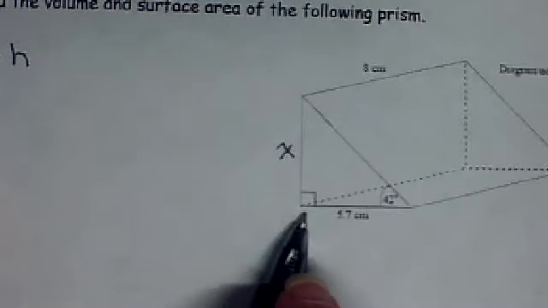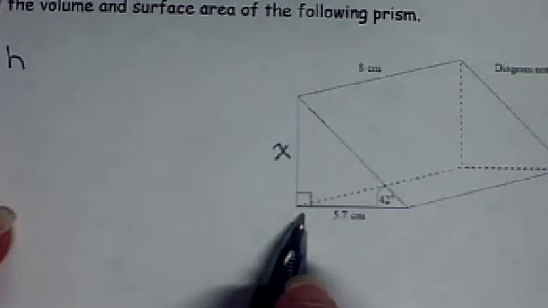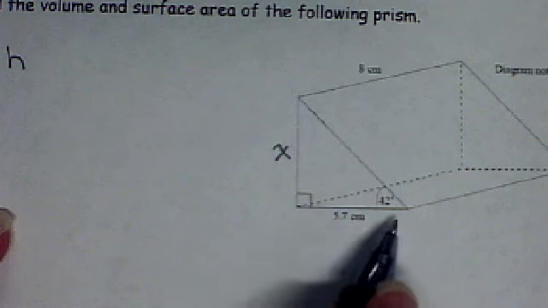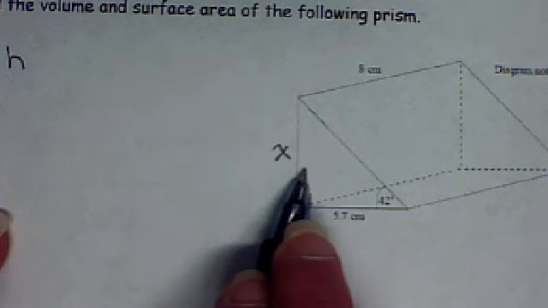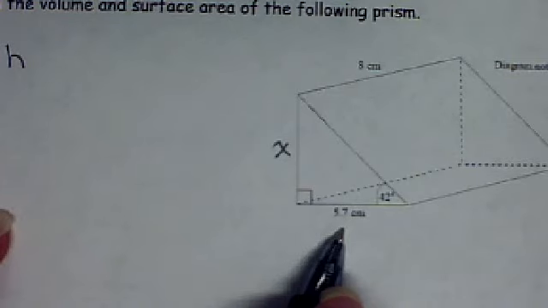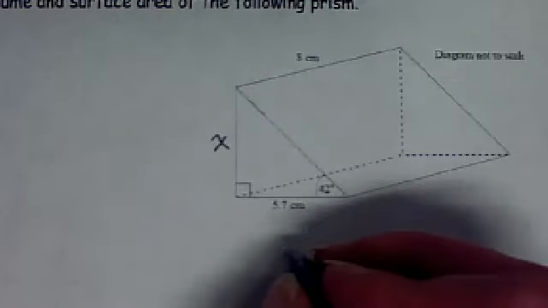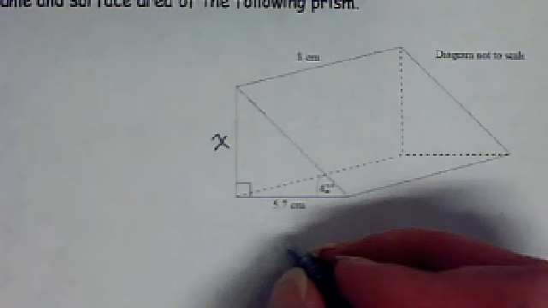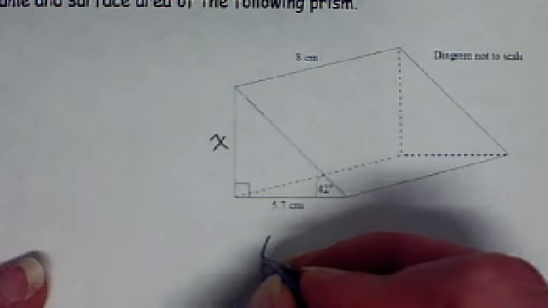Now, since it is a right triangle, we can go back to that right triangle trig. It is opposite of the angle, and we know the adjacent side is 5.7. So opposite adjacent. That's tangent.